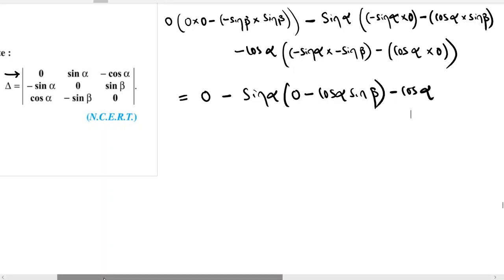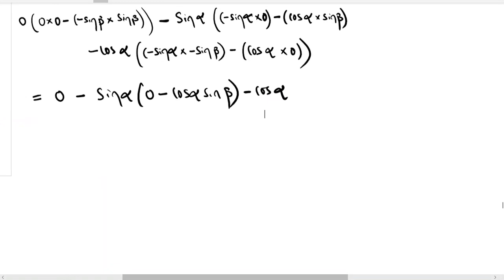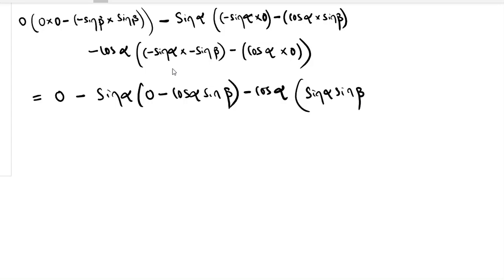Let's simplify this further. Minus cos alpha bracket sine alpha sine beta. Okay, sine alpha sine beta both are minus, they will become plus, minus 0, so it will become 0 only.